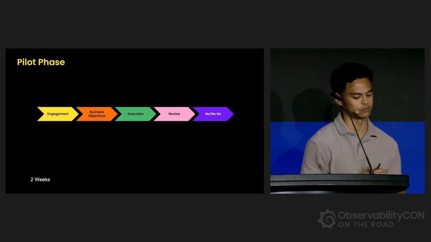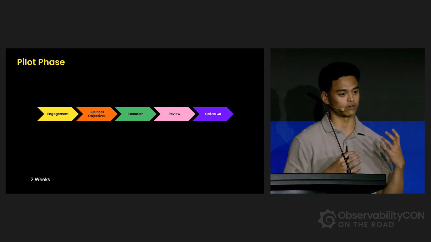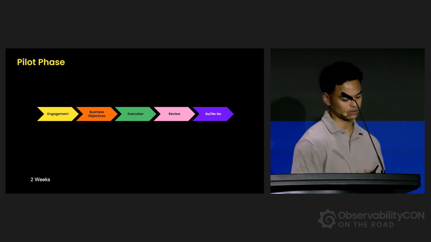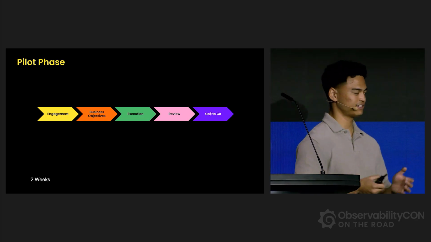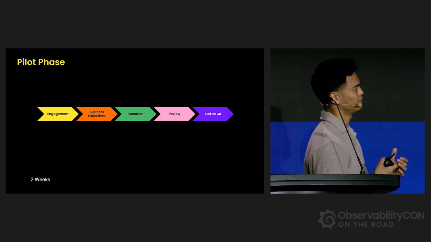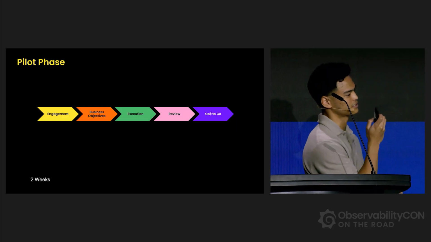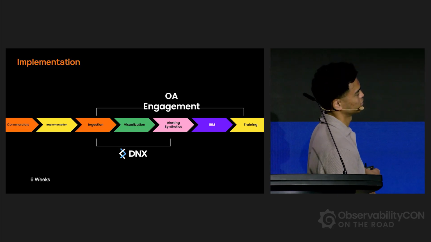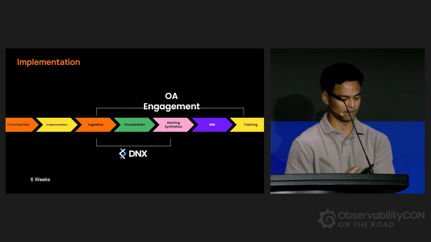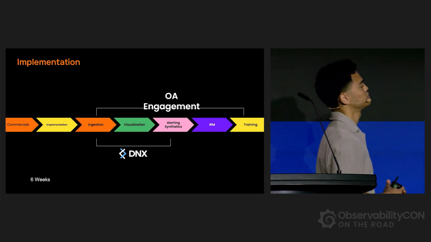Did the pilot meet our objectives? Was Grafana Cloud capable of handling our workloads and observability needs? Which it did. So with the go, no-go decision, we decided to go ahead and fully migrate over to Grafana Cloud. From there, this is what our implementation stage looked like.